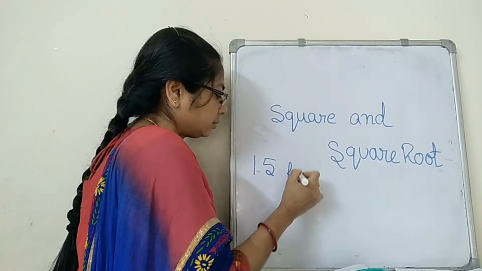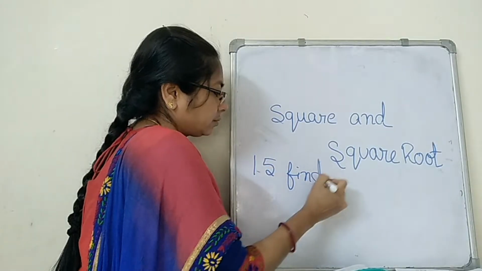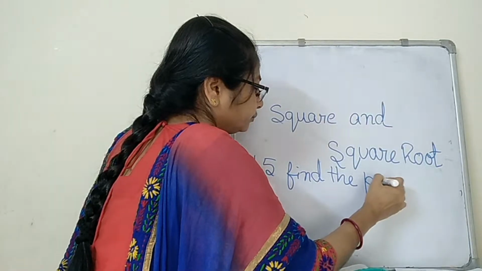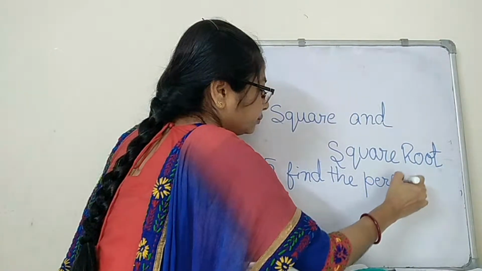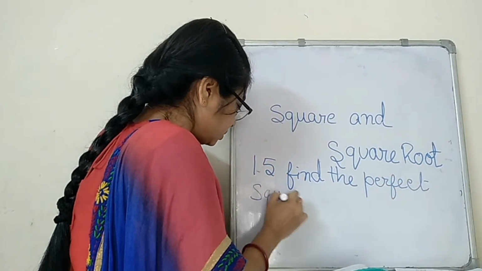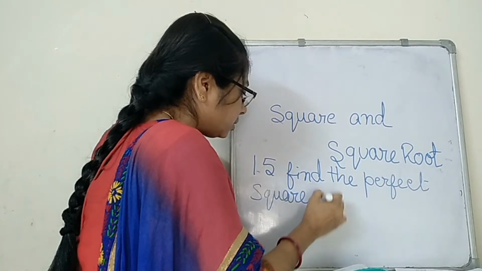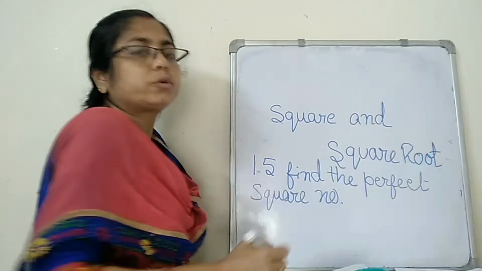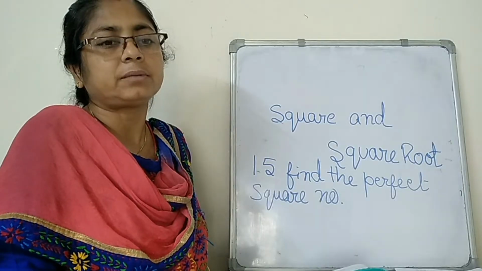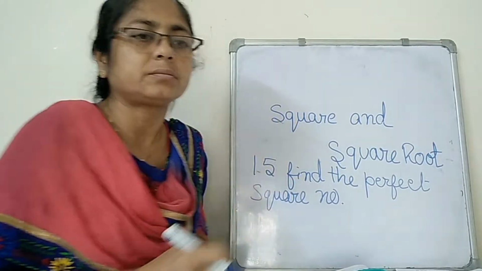Find the perfect square number. You try, kids, you try first. After that I am telling. I give you 1 minute to do it.